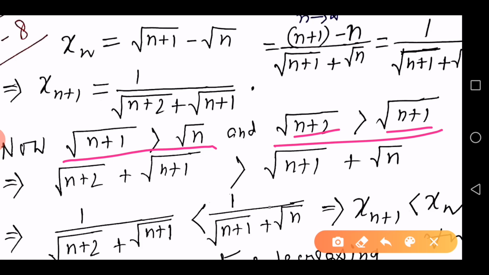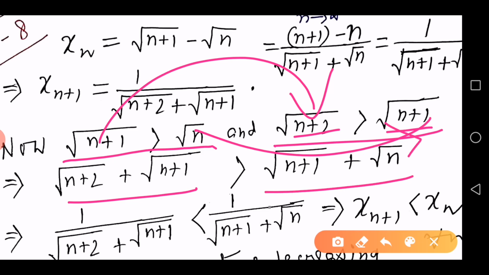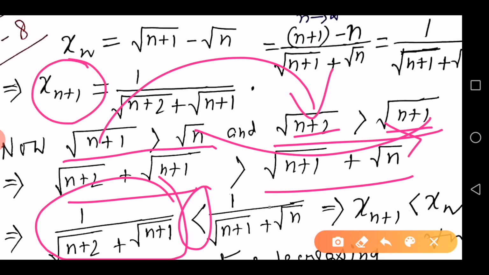Adding these two inequalities, first term plus first term equals this, and second term plus second term gives this. So we get this inequality with greater than. Taking reciprocals, the same inequality becomes one with the less than sign. Now, the left hand side term is nothing but x(n+1), and the right hand side term is nothing but xn.